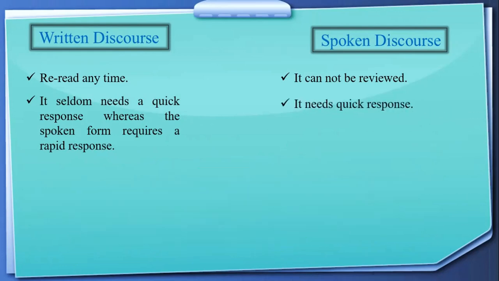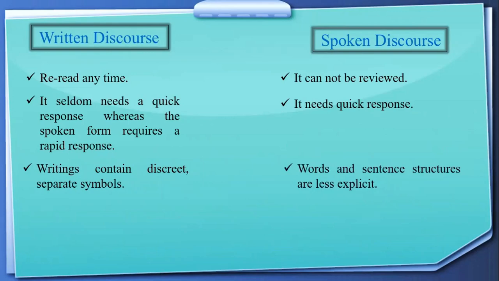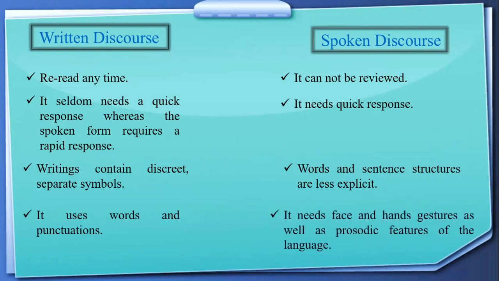In written discourse, writings contain discrete, separate symbols. In spoken discourse, words and sentence structures are less explicit. Written discourse uses words and punctuation. Spoken discourse needs face and hand gestures as well as prosodic features of the language.